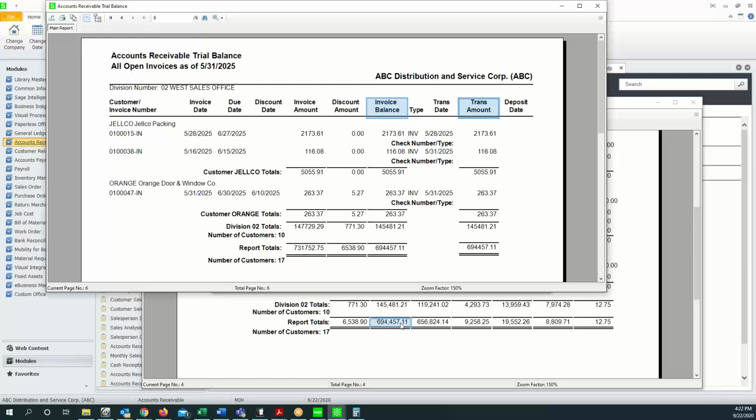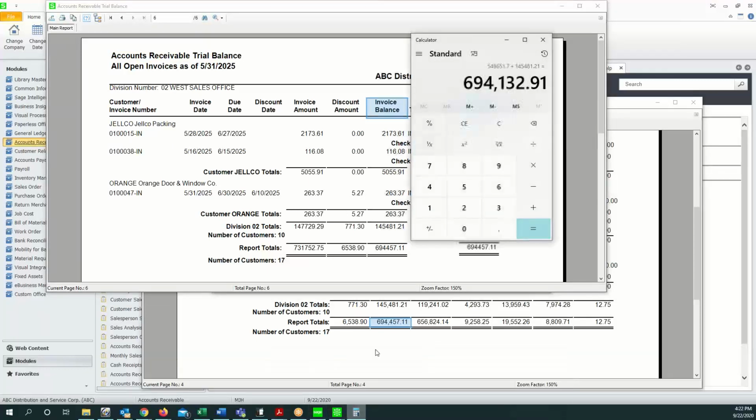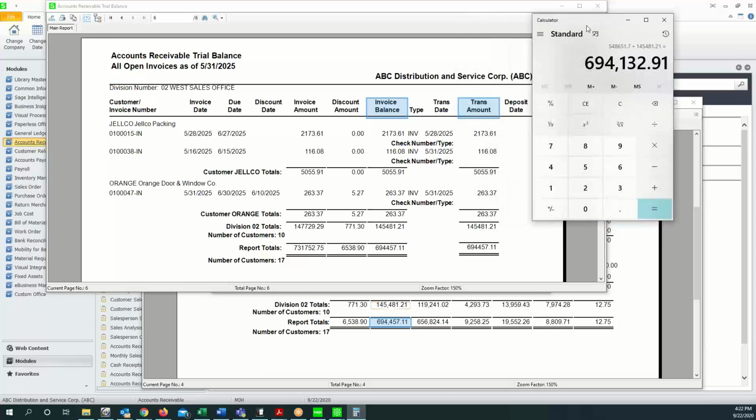As such, we will then go to the general ledger and we will post a general journal entry with the offsetting amount to get us to match what the total should be. So those are some things that I look for when I am trying to reconcile either accounts payable or accounts receivable for a given period.